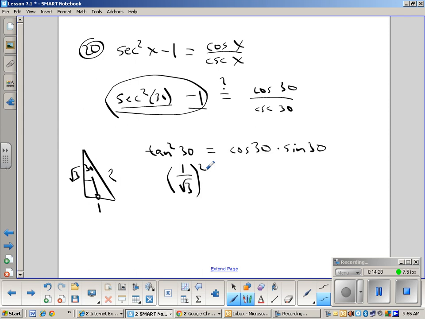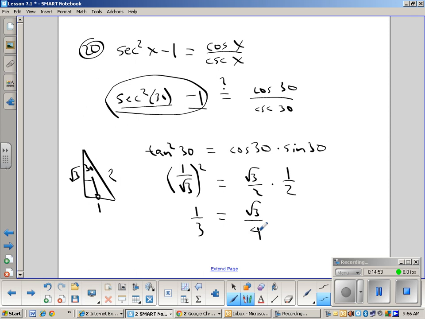Squared, 1 is 1, square root of 3 squared, I get 3. So this turns into 1/3. And on this side, cosine of 30 is square root of 3 over 2 times sine 30, which is 1 over 2. And so that gives me square root of 3 over 4.